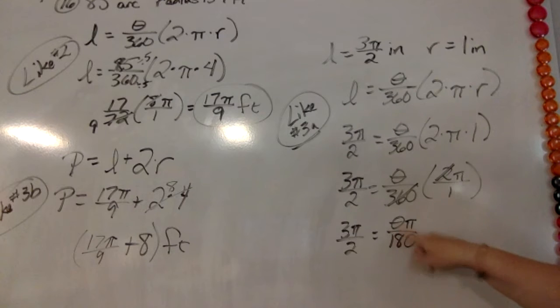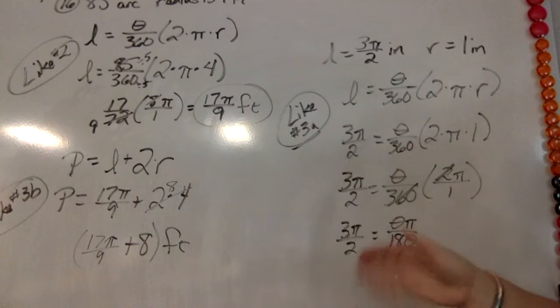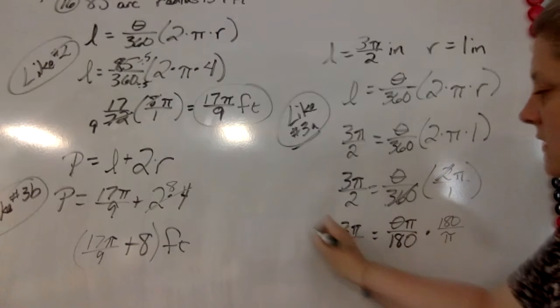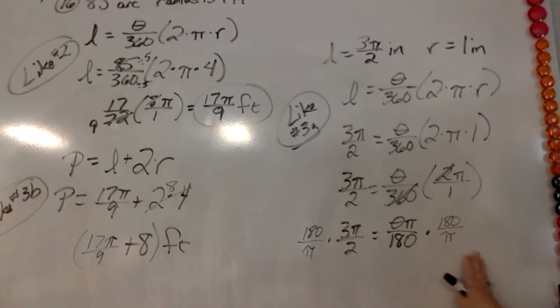So to get the theta, the angle, by itself, I have to get rid of the pi and the 180. If I have a fraction and want to make it go away in the equation, I multiply by its reciprocal. I flip it over. So I'm going to multiply by 180 over pi on both sides of my equation, because whatever I do on one side of the equation, I do to the other.